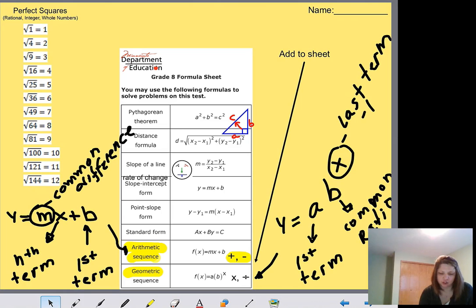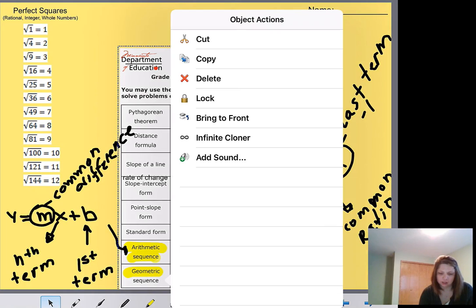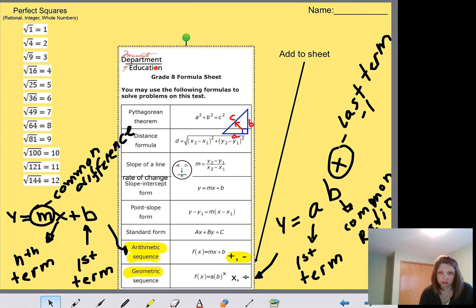Now when we talk about geometric sequence, it's this one. I want you to have multiplication and division here. So geometric sequence is always the one we use when we have multiplying or dividing in the sequence. From the first term to the second term, if the pattern is that we get the number by multiplying or dividing, then we're using geometric sequence.